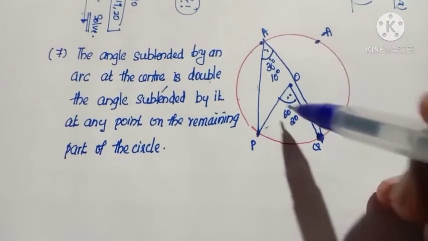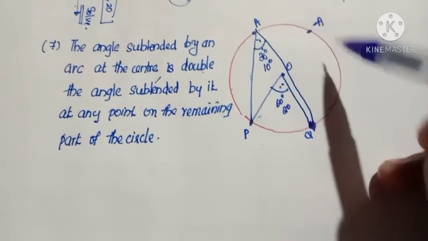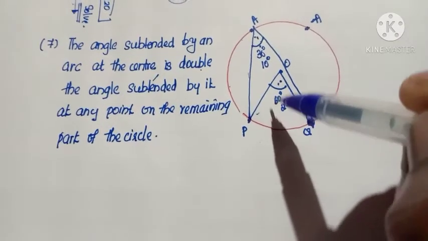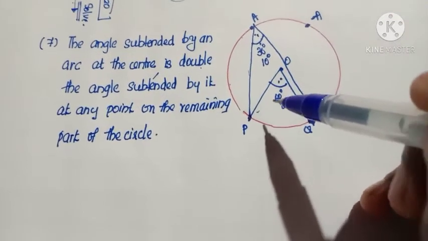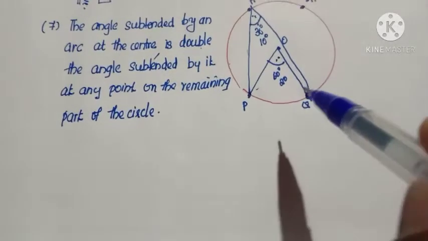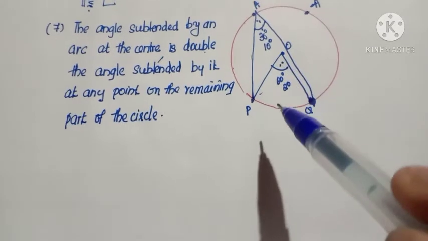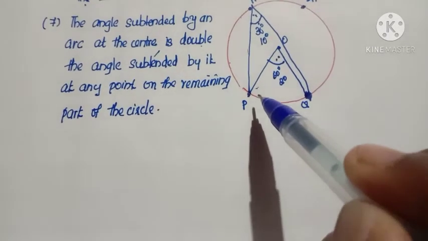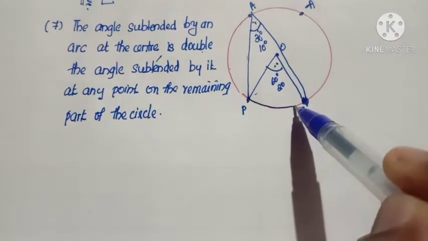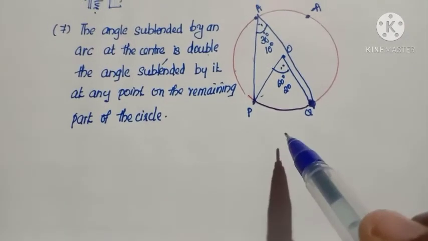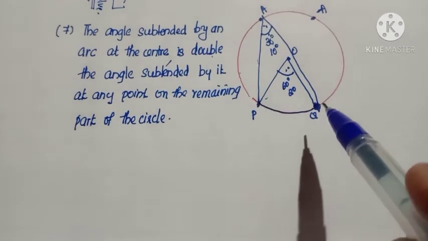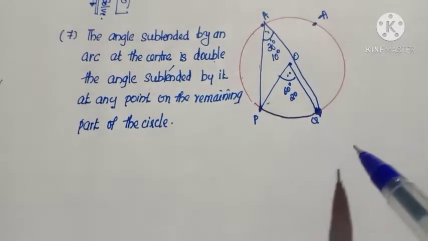So this is theorem number 7. To solve problems, we need to apply this theorem. We prove this theorem in 3 cases: PQ as a minor arc, PQ as a semicircle, and PQ as a major arc.